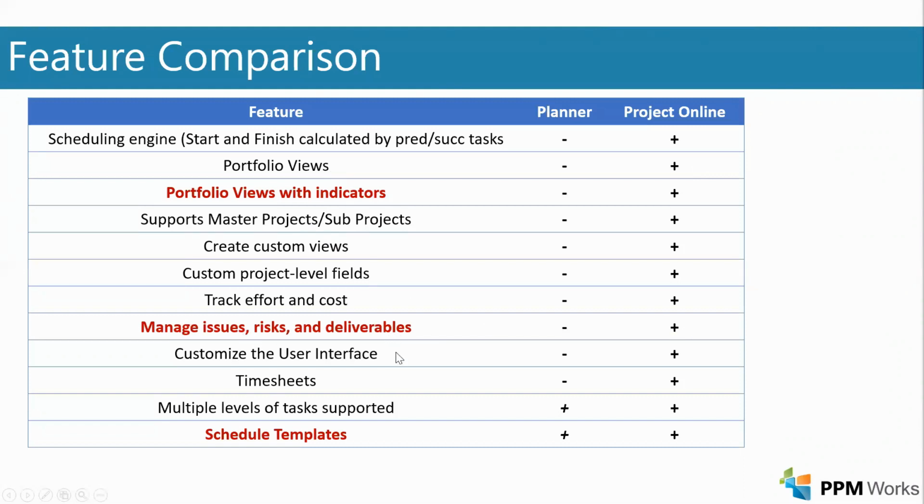Okay, you can customize the interface. You don't really have a lot of leeway with customizing. You know, you saw about the extent of that was me putting strawberries at the top of my Office 365 environment and turning off the view so that I'd only see incomplete tasks. And then timesheets also, no capability for timesheets in Planner, but both of them do have multiple levels of tasks supported, and both have scheduled templates, okay? So that would be with the integration we could get there from here.